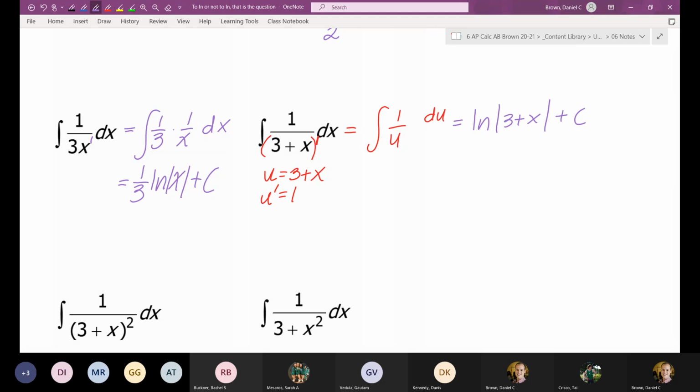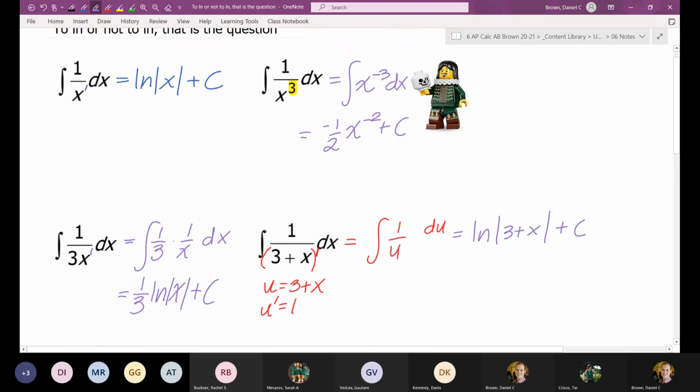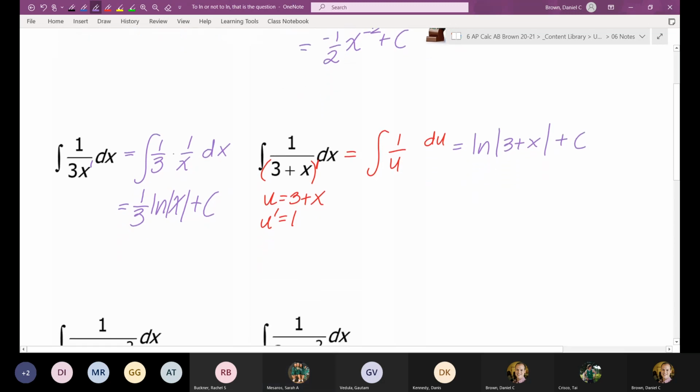Any questions on those 4 before we do those last 2? Why couldn't you just bring both of them to the denominator and then have 1/3 be separate from 1 over x, with the plus sign? Let me see if I understand what you're asking.